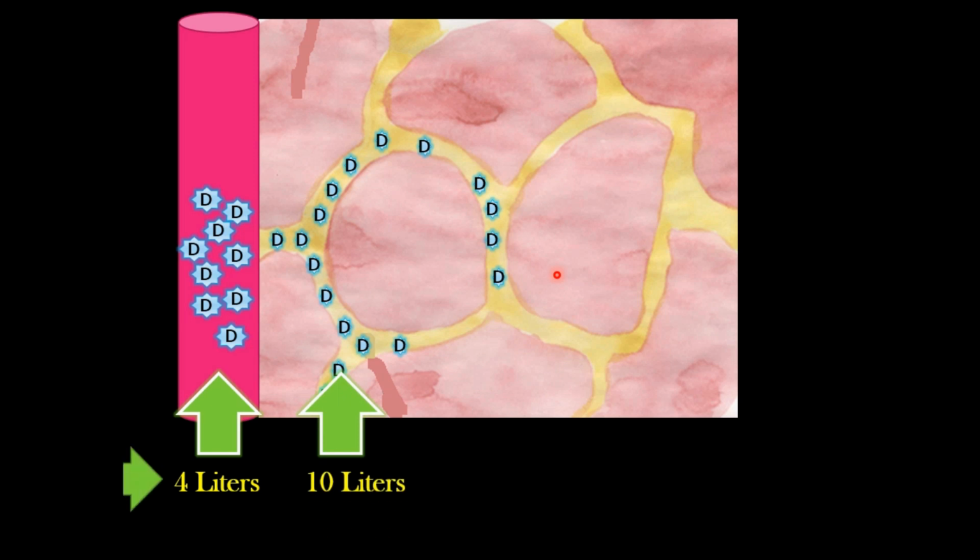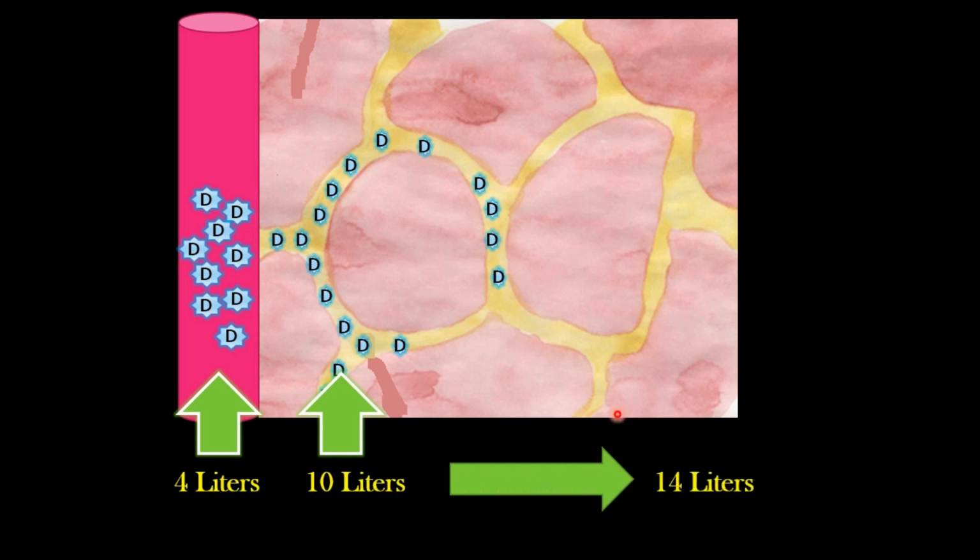So the volume of distribution of this drug is 4 liters of plasma and 10 liters of interstitial fluid, that is 14 liters.